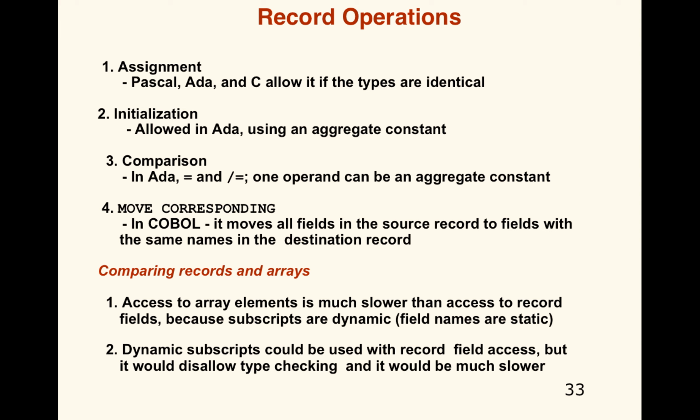So comparing records and arrays, if we were to compare and contrast the concept of the struct versus the array, access to the array elements is slower than access to struct elements or struct fields because the subscripts are dynamic and the field names are static. So that is true.